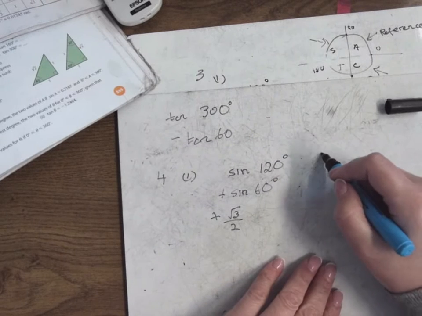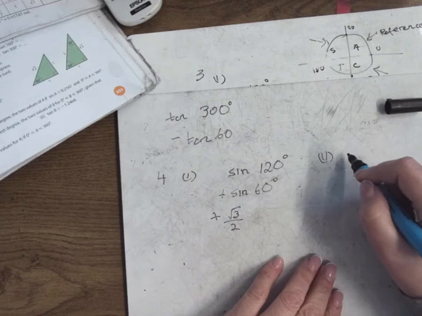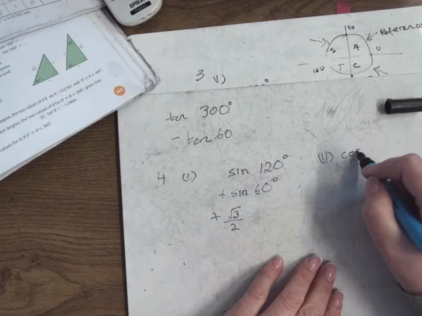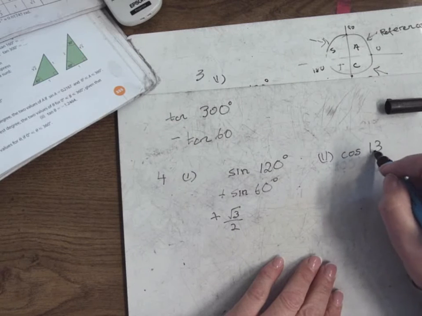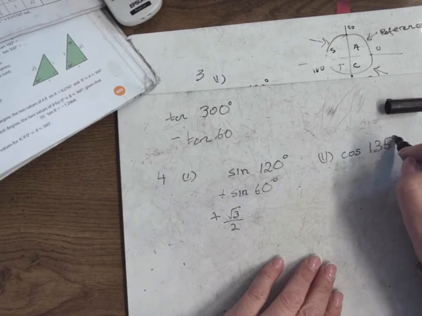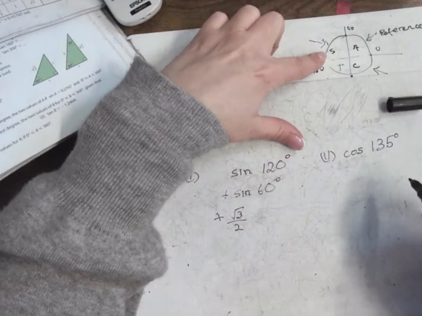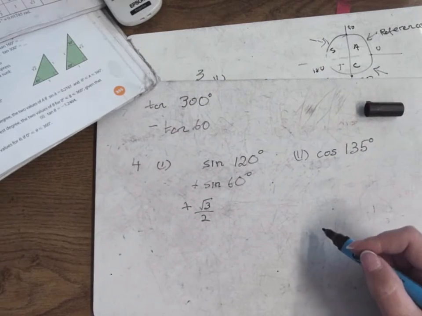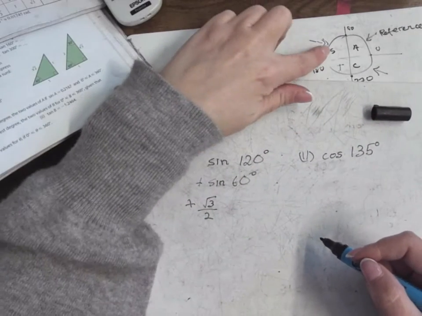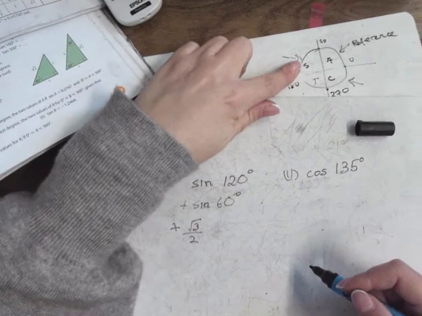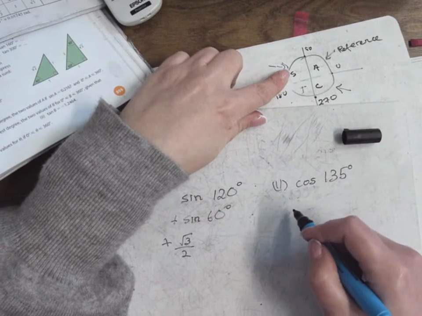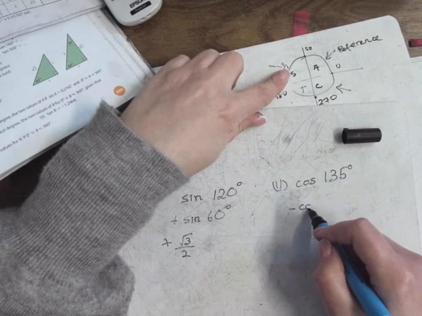Okay, so for number 2, it's cos of 135. Okay, 135 is in here again. Is cos positive or negative in here? So it's in this quadrant again. Negative. What's the reference angle?